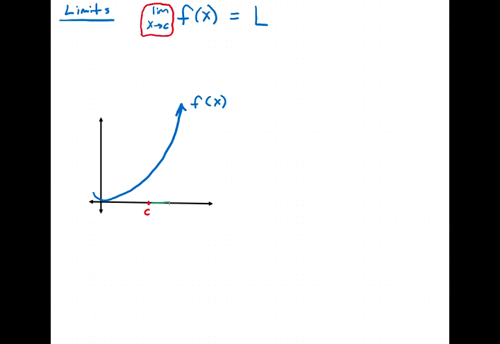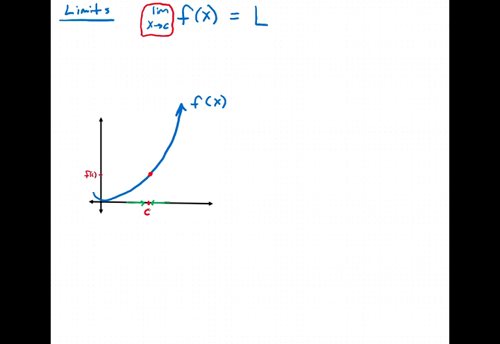So as the x values do this from both sides, what do the y values do? And that's that number L. Here we have a continuous function. So there's a point on the function here, and this over here is f of c.